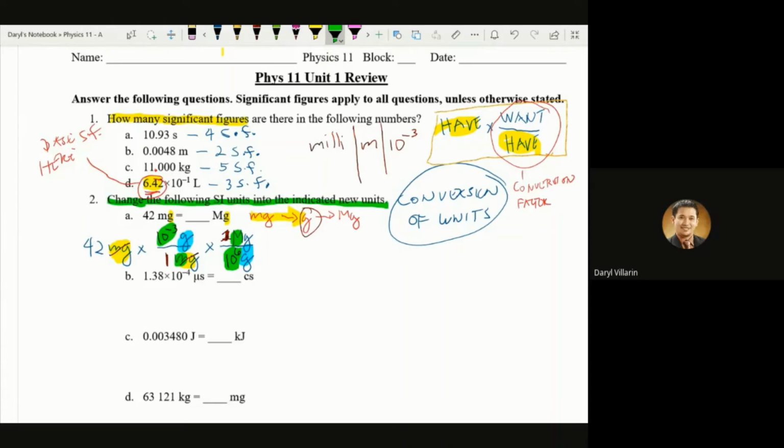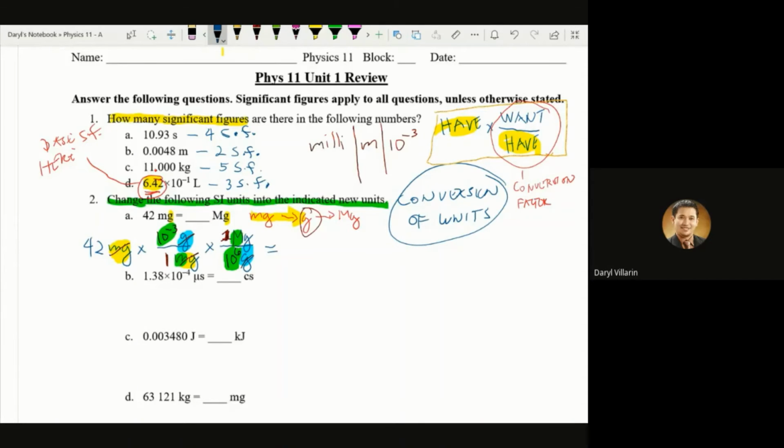Now, if you're going to multiply that, gram will be canceled out because gram over gram will give you just 1. Essentially, that particular unit is gone. So the remaining unit is megagram.